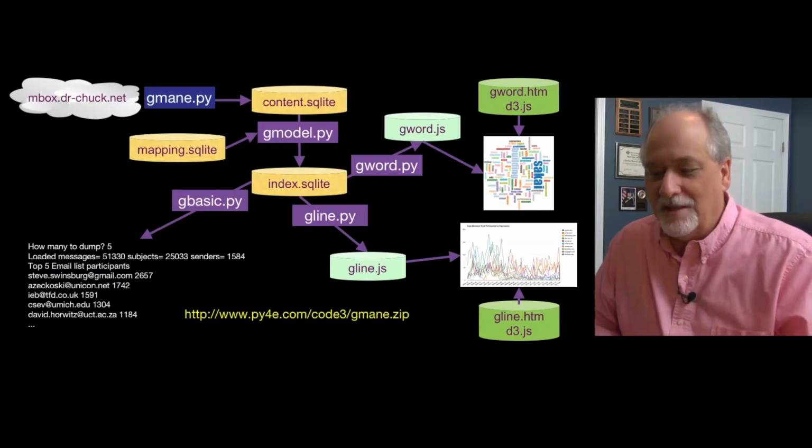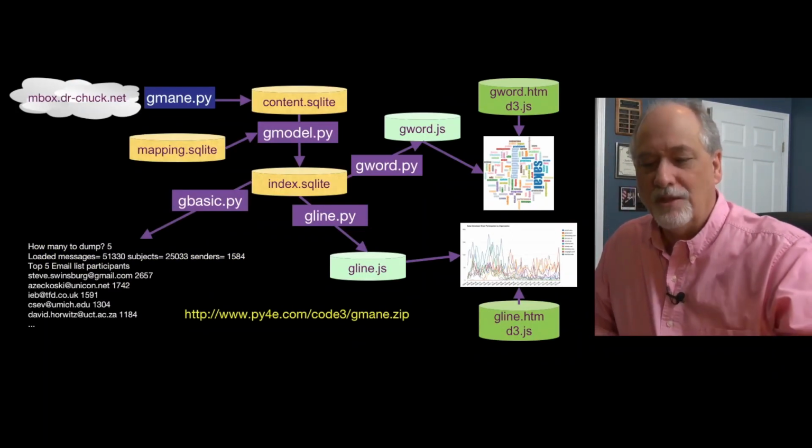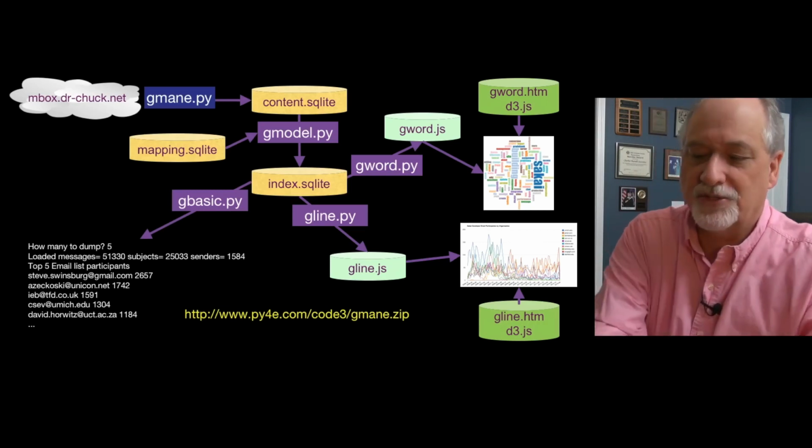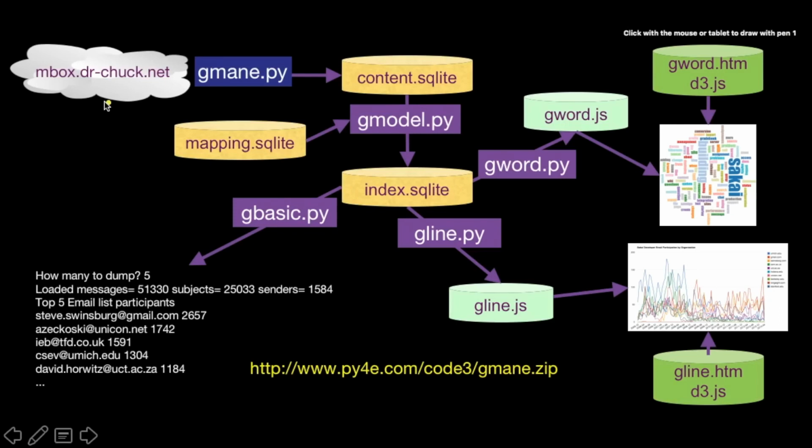Here's basically the flow of the data in this particular one. You have the restartable spider that talks to the API, mboxdrchuck.net, which has a scalable copy of all this information. And again, it's going to build a raw database. Not a very clean database. It's sort of a mess. It's just enough columns to keep track of whether or not we've got this page or not, and the ones we've retrieved so far.